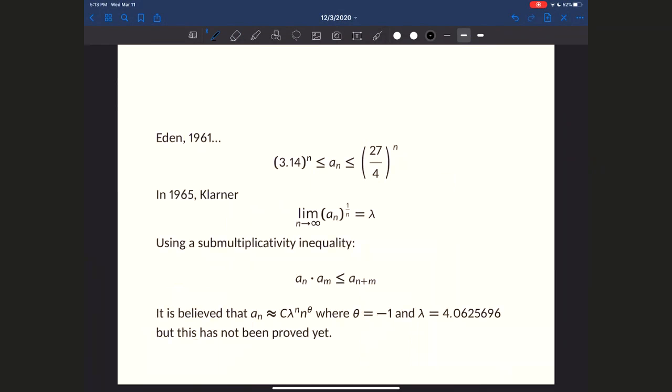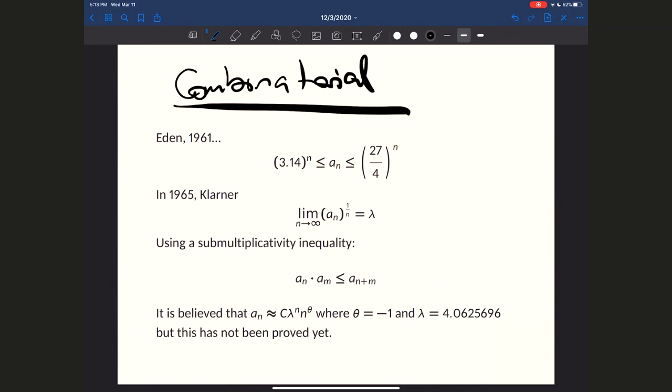Okay, so the combinatorial mathematical world has been studying these objects a lot. And one of the things, Eden as well in that paper where he was sampling big Eden growth models, he also was interested in counting them. And he was the first one to find some bounds for the number of polyominoes.